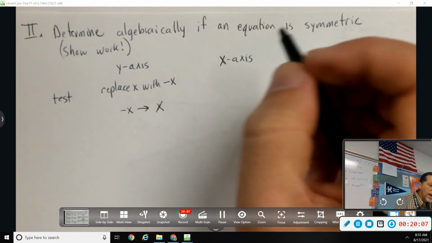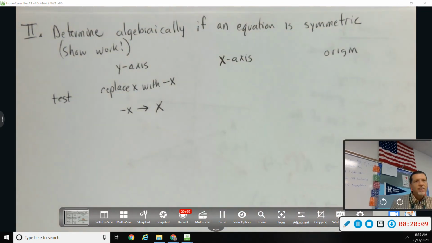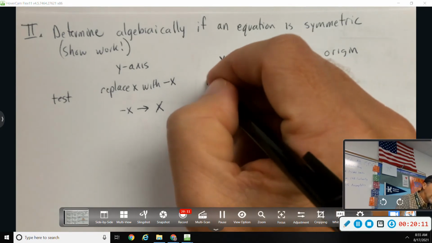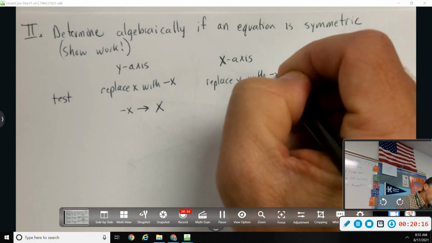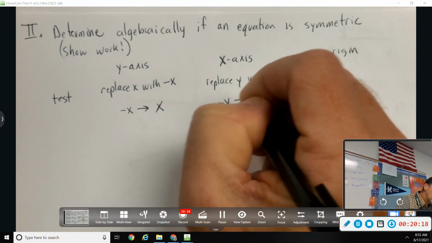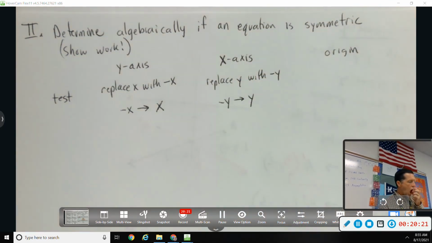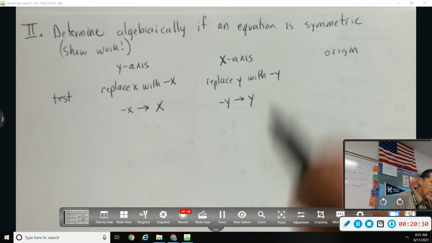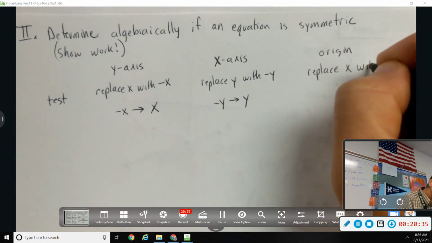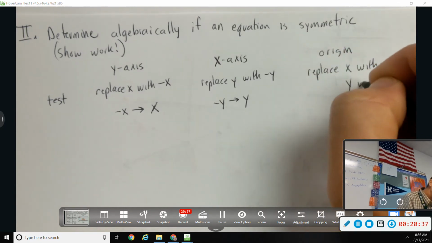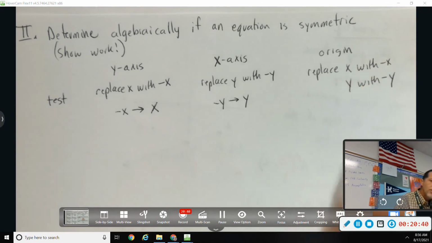Now you can probably guess what I'm going to write for x-axis. Replace y with negative y. Negative y goes in for y. What do you think the origin test is? Both of them. Replace x with negative x, y with negative y.